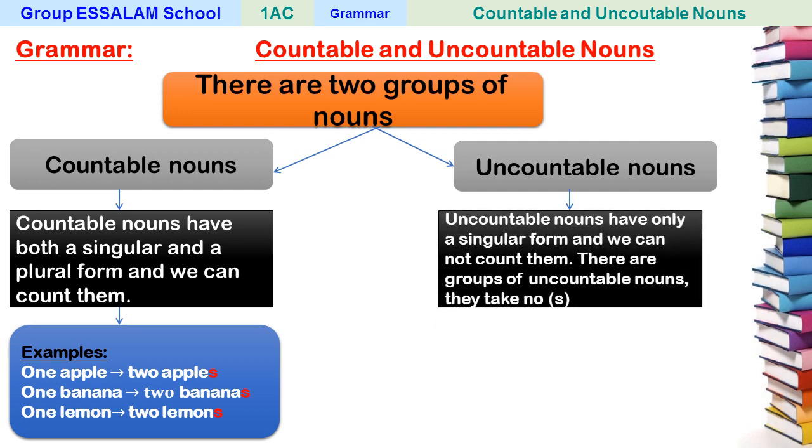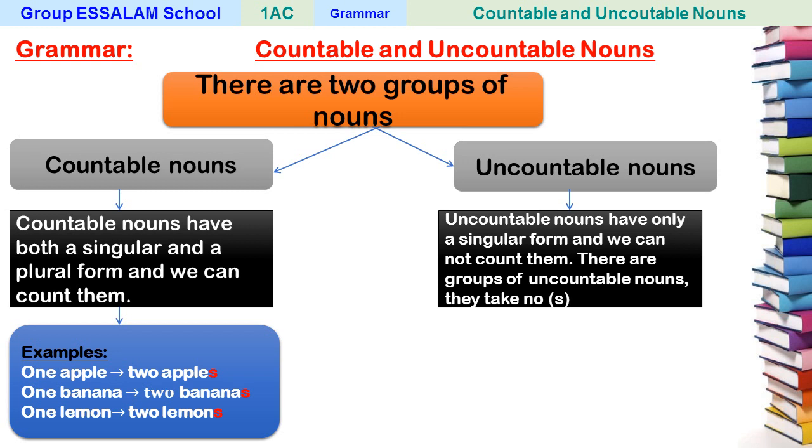Uncountable nouns have only a singular form, and we cannot count them. Remember, guys, uncountable nouns have only singular form, but countable nouns have both singular and plural forms. Alright? So, uncountable nouns have only a singular form, and we cannot count them.